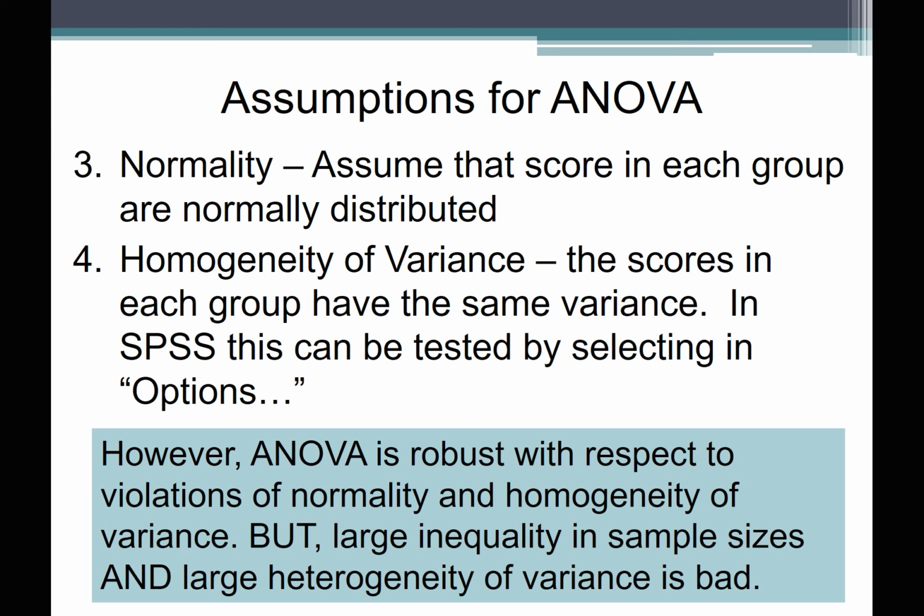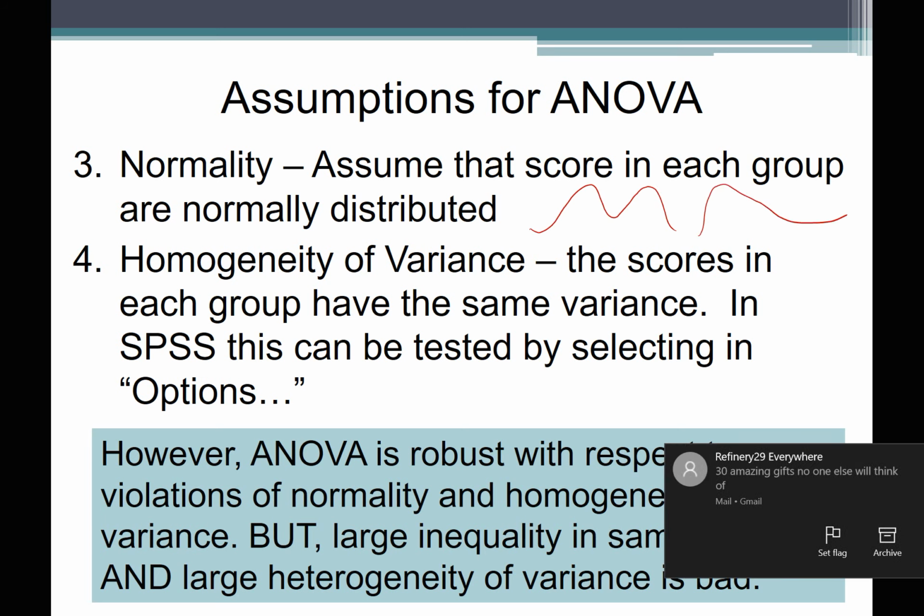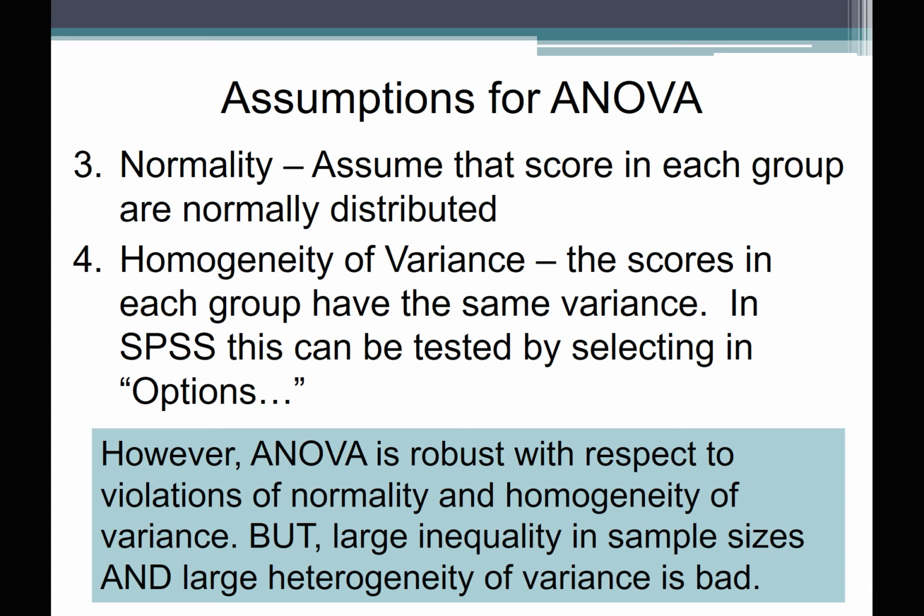So if our data aren't really normally distributed, if we have maybe a bimodal or pretty skewed distribution, then ANOVA is still pretty good even in those cases. And remember that whole normality assumption, we're really working with sampling distributions, and thanks to the central limit theorem, this tends to check out anyway as long as we have enough people in our sample.